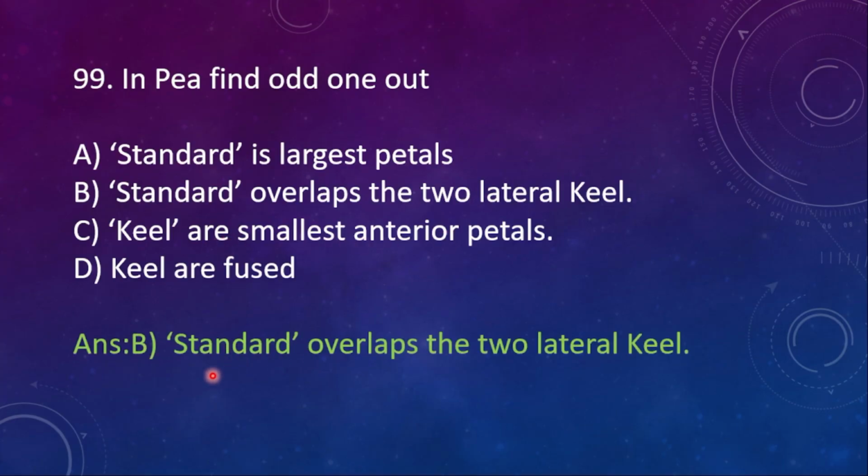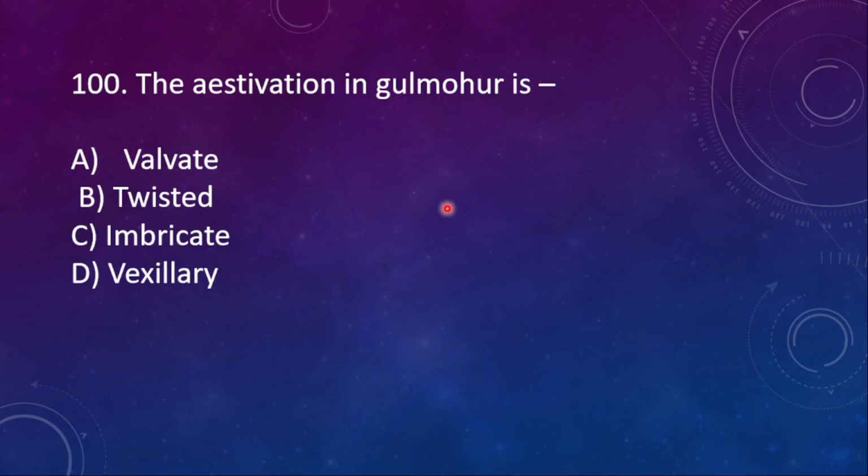Keels are fused. Yes, this is correct. This one is correct, this one is correct, this one is correct, but this one is wrong. Standard overlaps the two lateral keels is not right, that word should be wing petals.